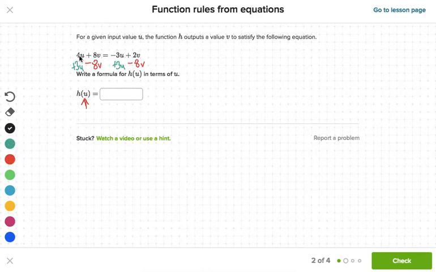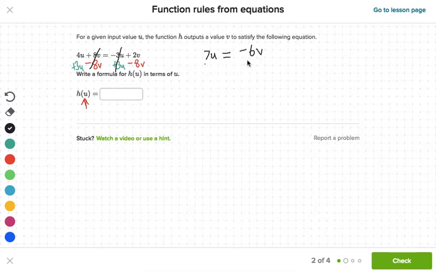So 4u plus 3u is 7u. 8v minus 8v is 0. Negative 3u plus 3u cancels out. And then 2v minus 8v is negative 6v.